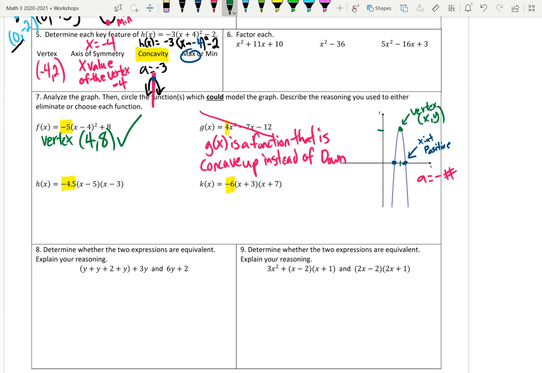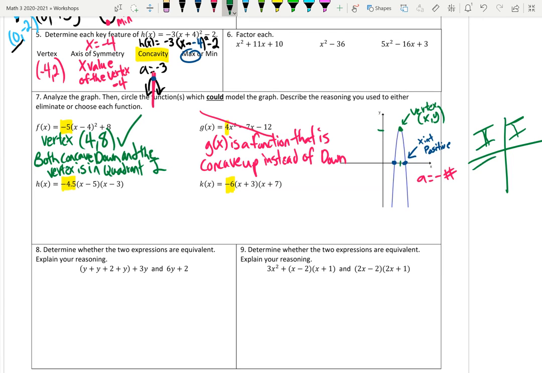So the reasoning I can use is it is both concave down and the vertex is in quadrant 1. If you want to recall the quadrants, it goes counterclockwise: 1, 2, 3, 4.